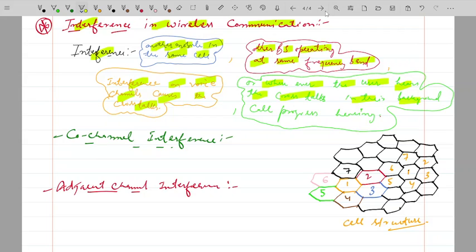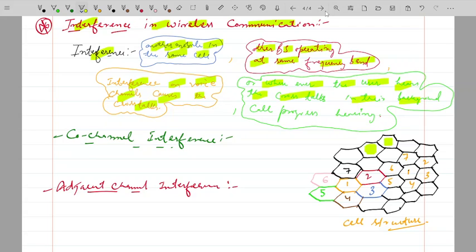The interference is of two types: co-channel interference and adjacent channel interference. Co-channel interference concerns co-channel cells. These are all hexagonal cells, meaning this is one cell's coverage area, this cell is for one base station, and this is for another base station.